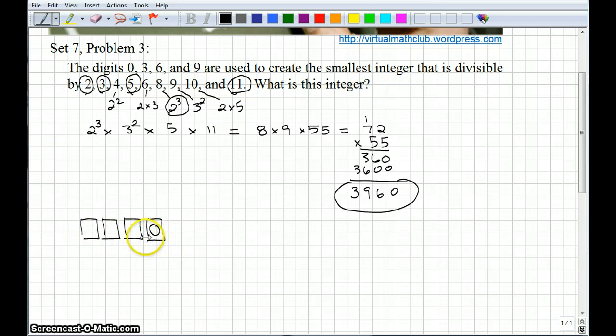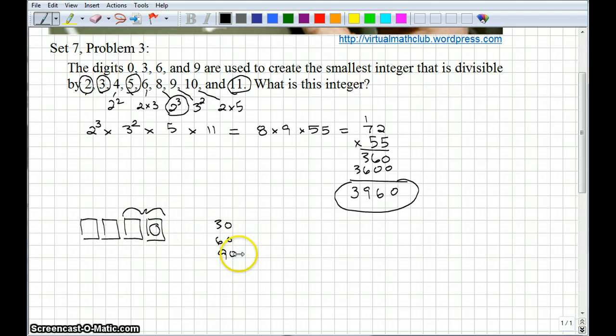And I also know I want it to be divisible by 4. So I can actually look at these last two numbers and figure out what the second number should be, because the last two numbers have to be divisible by 4. So that means that we either have 30 or 60 or 90 would be our options for the last two digits.